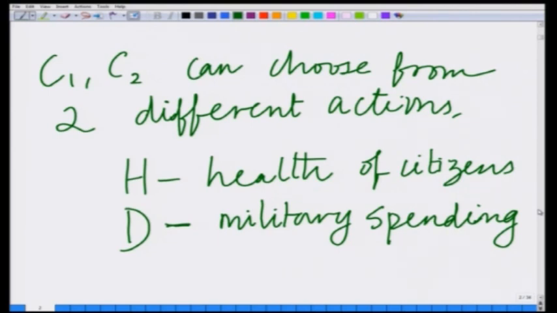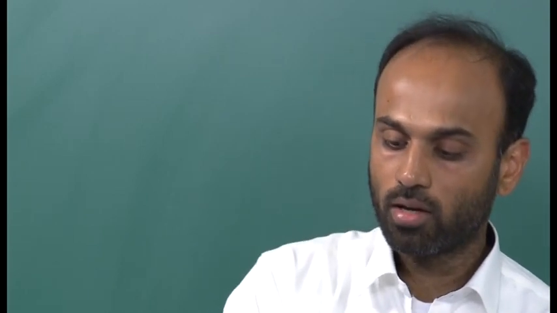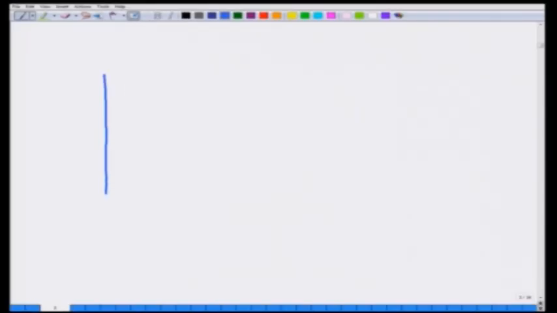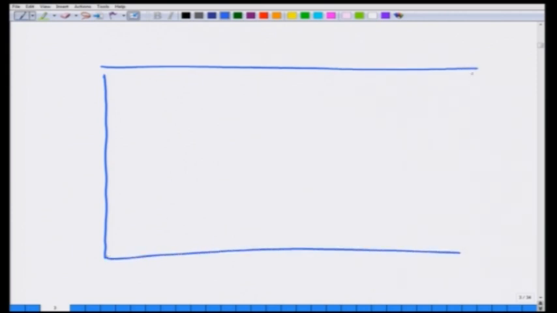Now, I think all of you are more or less familiar now with the concept of a game, so I do not need to elaborately describe it. I am directly going to formulate this game in terms of its game table.